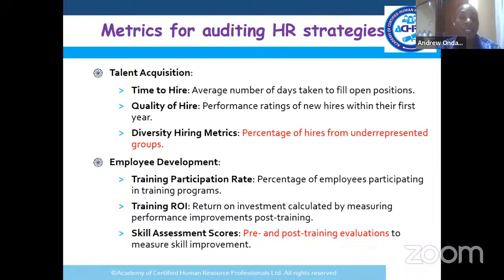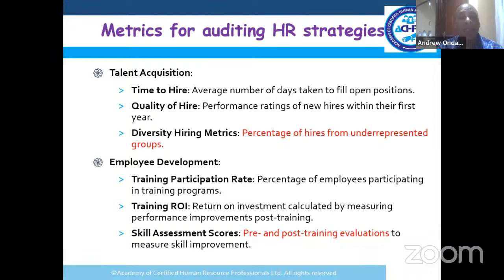Three, reduced wastage. And four, improved productivity. So these are the returns that we get from investing in training. So you look at the performance of these employees over a period of time to establish whether they have achieved the results for which training was intended.